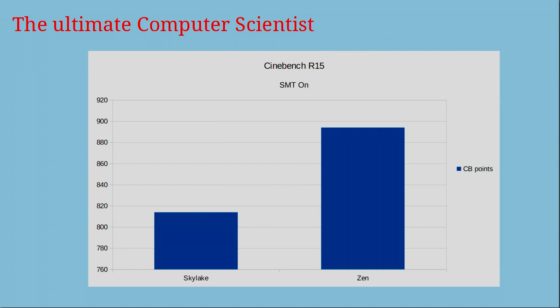First, with SMT enabled, so both CPUs have 4 cores and 8 threads. In Cinebench, the Skylake CPU got 814 points, against Zen's 894 points. That's a 9.8% lead that the Zen CPU has, which doesn't entirely surprise me, considering, in a previous video, I showed how clock for clock, a Ryzen 5 2600X at 5 GHz just edged out a lead on an i7-8700K also at 5 GHz.